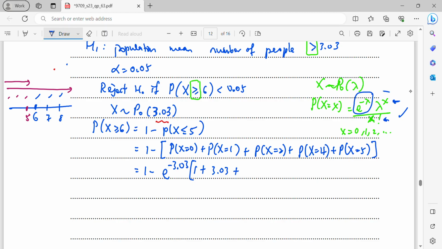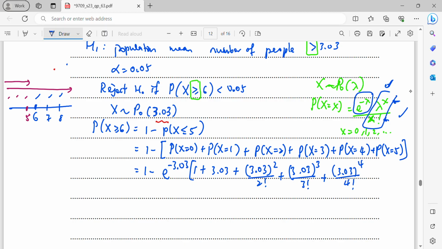Then when x equals 2, I replace the x in the fraction: 3.03 squared over 2 factorial, plus 3.03 to the power 3 over 3 factorial, plus 3.03 to the power 4 over 4 factorial, plus 3.03 to the power 5 over 5 factorial.